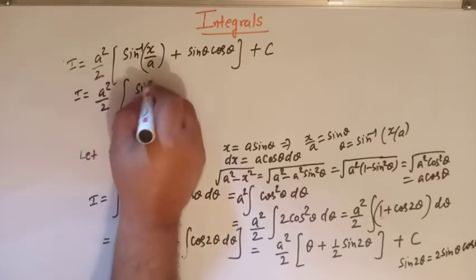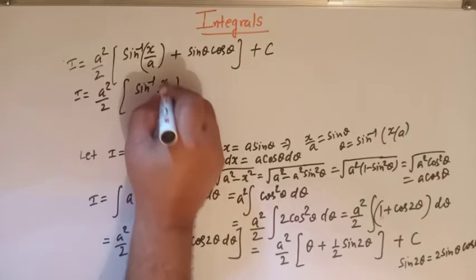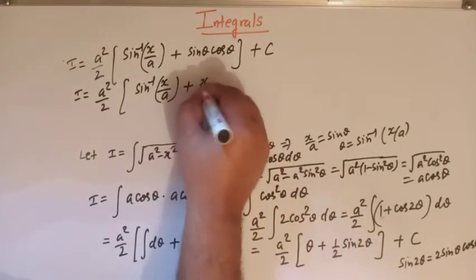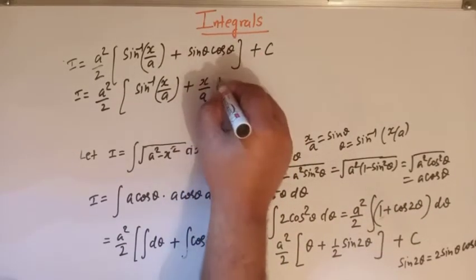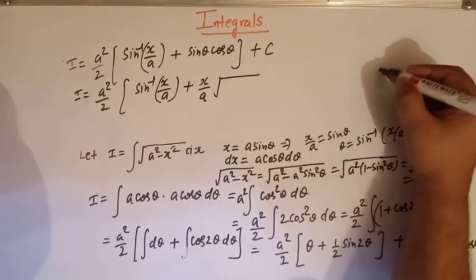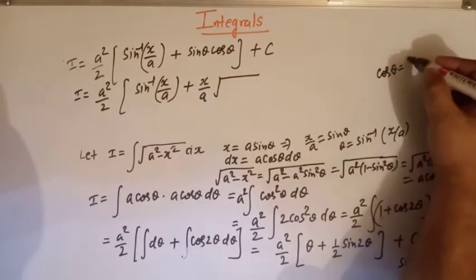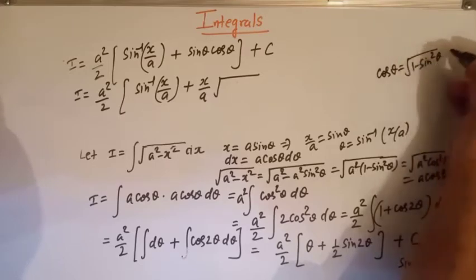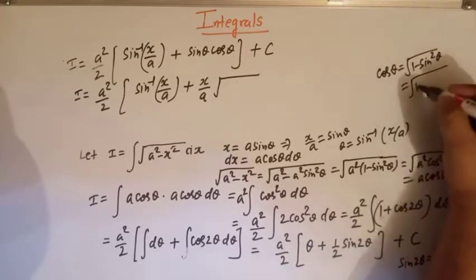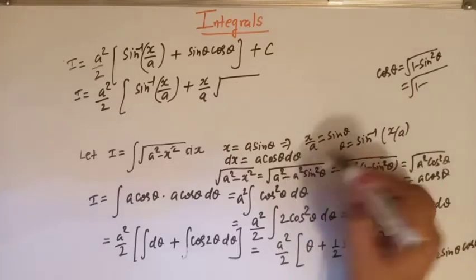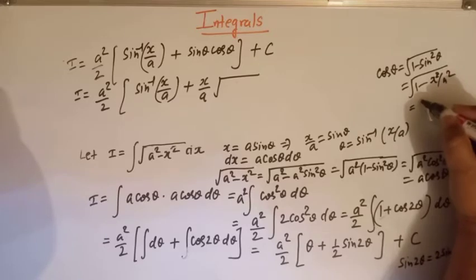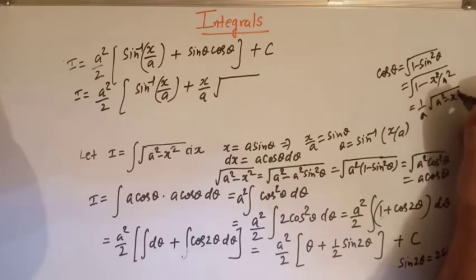Now this can further be written as a square by 2 times sine inverse x over a plus, for sine theta we can write x over a, and for cos theta we can write square root of 1 minus sine square theta, which is 1 minus x square over a square, so this can be written as 1 over a times square root of a square minus x square.